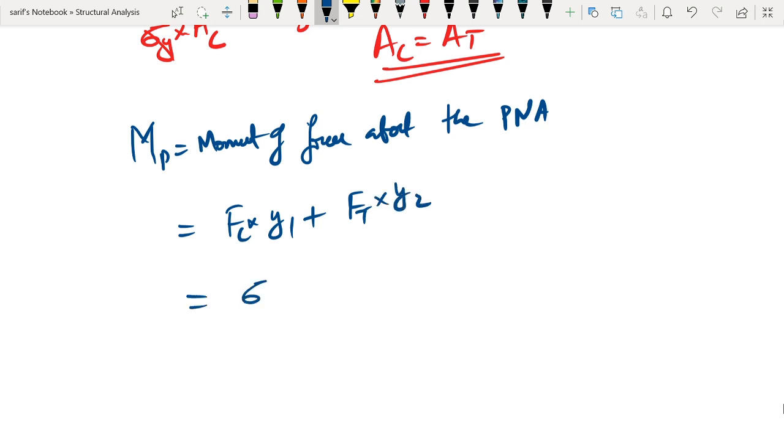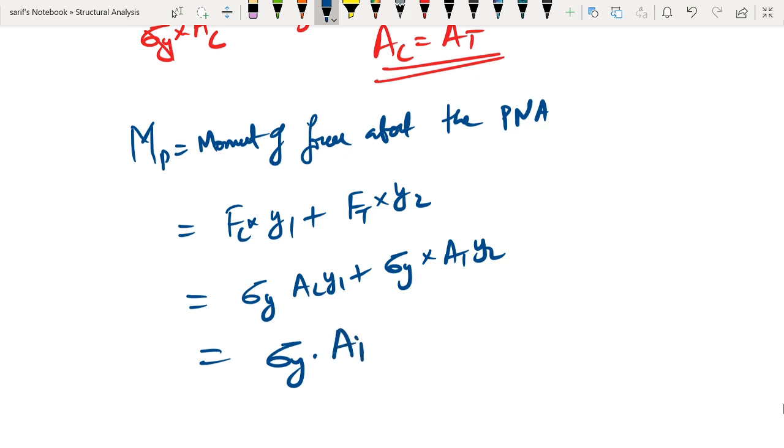So Fc is nothing but sigma y into Ac into y1 plus sigma y into At into y2. So we can take sigma y outside. So this Ac into y1 and At into y2, if we write it as a common term, we can write it as a1 into y1 plus a2 into y2.